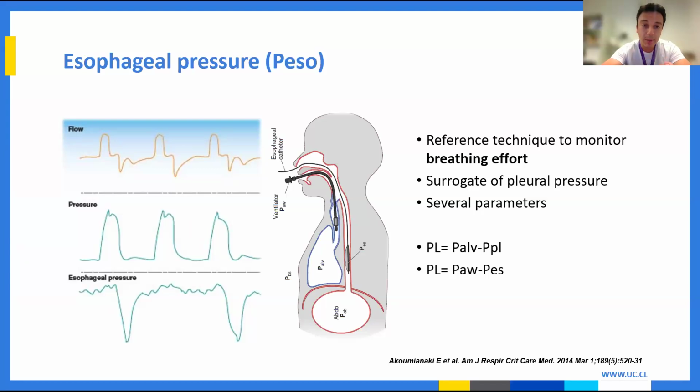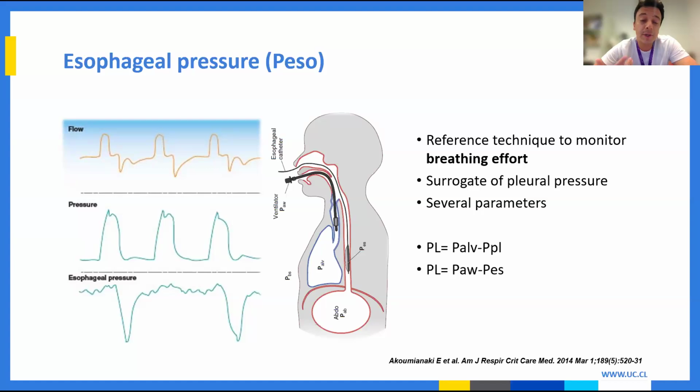For instance, and probably the most important one in terms of the mechanics and to estimate potential lung injury, is transpulmonary pressure. We know that transpulmonary pressure, which is the distending pressure of the lung and therefore the risk of lung injury, is estimated by the alveolar pressure minus pleural pressure. During mechanical ventilation, the alveolar pressure can be replaced by the airway pressure.